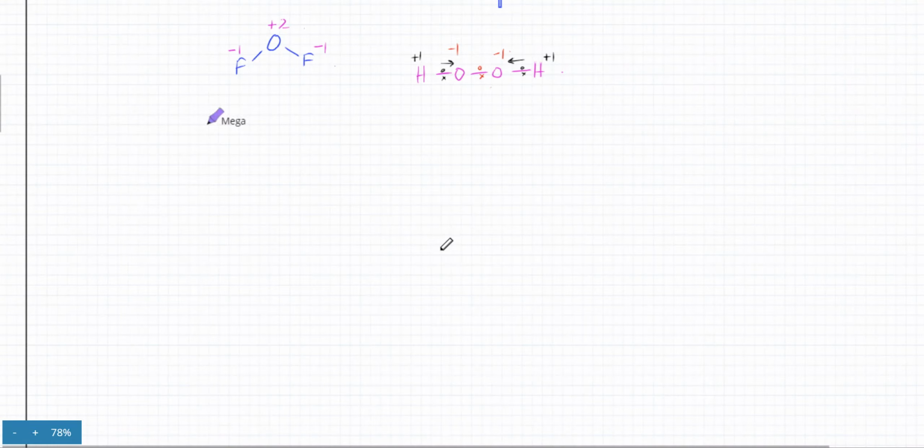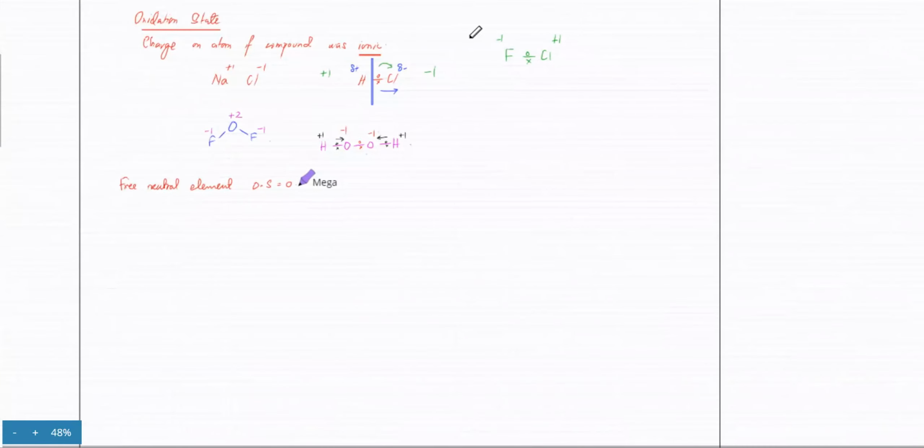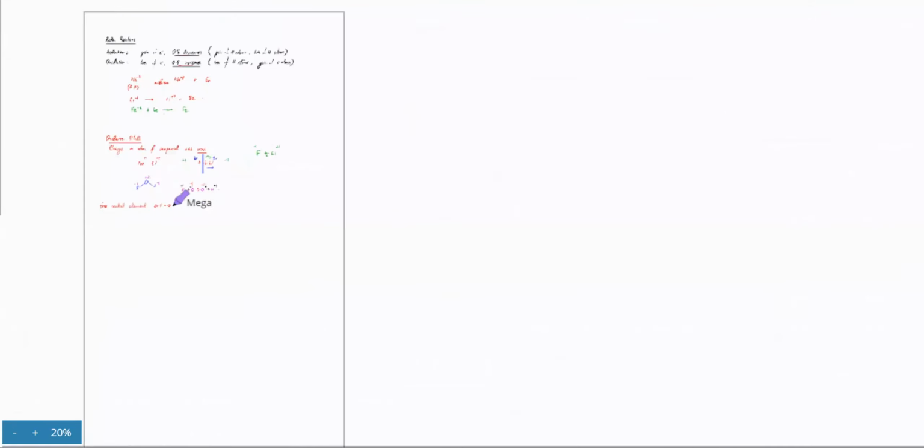So the table of oxidation states that you're going to use is that any free neutral element is zero, it will have an oxidation state of zero. So if sodium is alone, if any element is not bonded to anything.